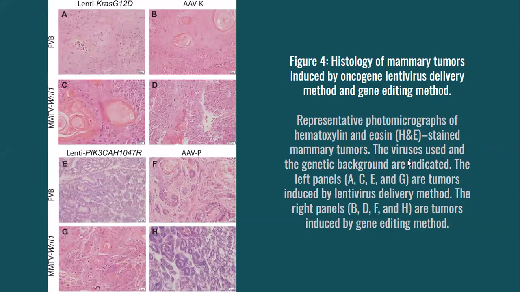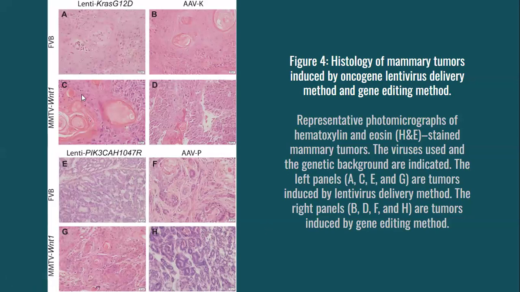The virus used and the genetic background are also indicated here. For example, in the first one, you can see lenti-KRAS G12D, and then lenti-PIK3CA H1047R. These are the two different genes that were studied.